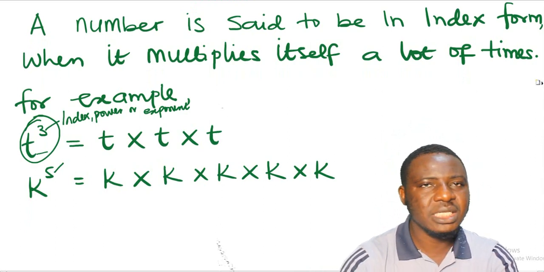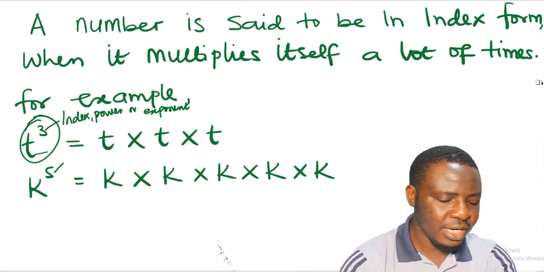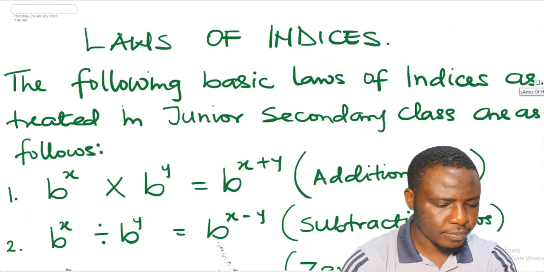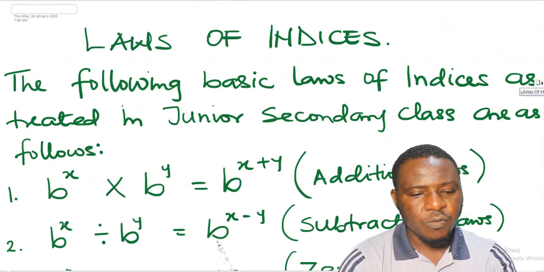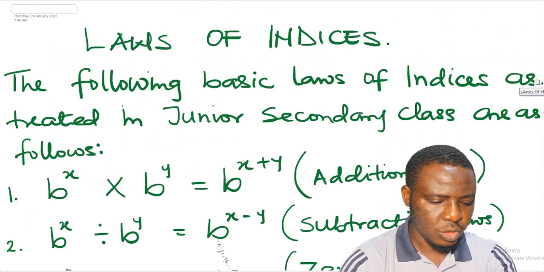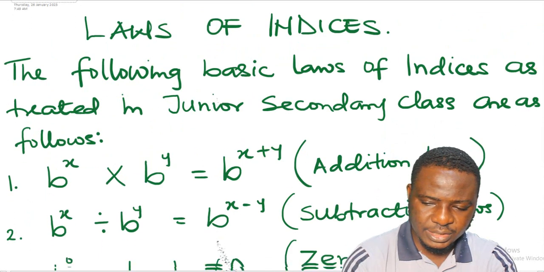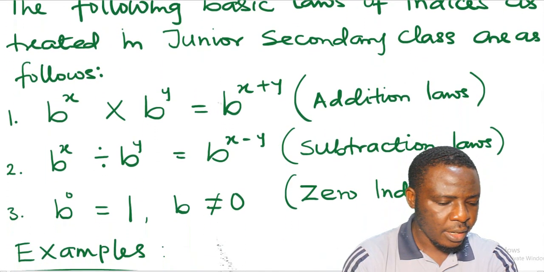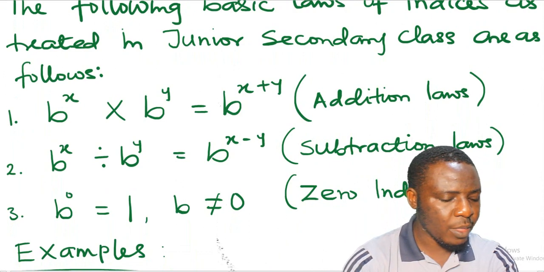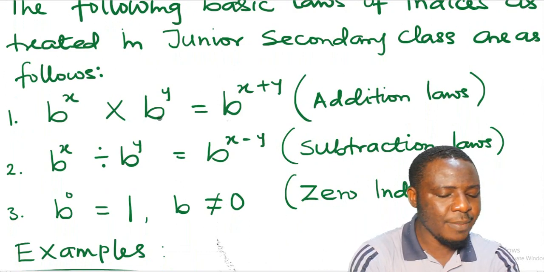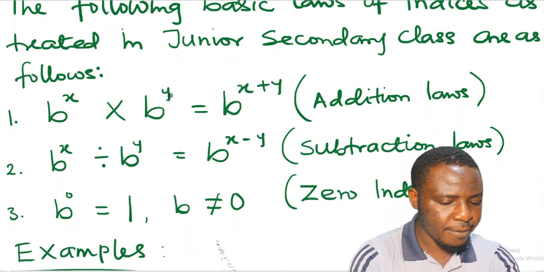Let's now look at the laws of indices, having understood what we mean by indices. From our junior secondary mathematics, we learned the following basic laws of indices. The first, in no particular order, is b raised to power x, multiplied by b raised to power y.